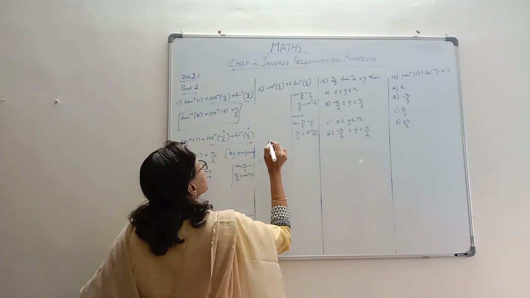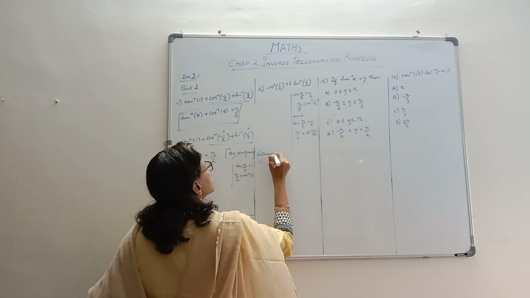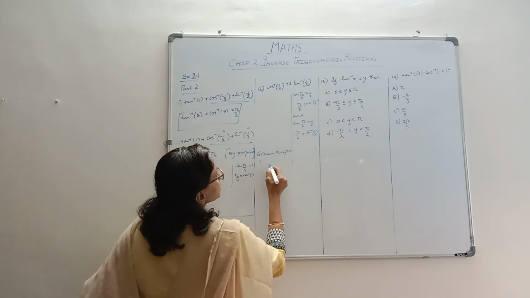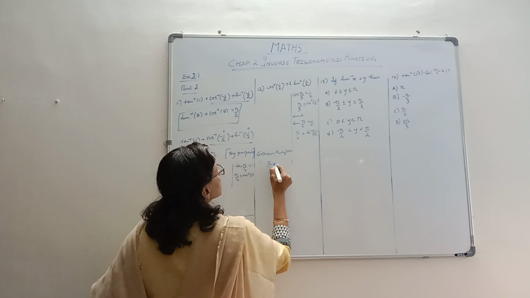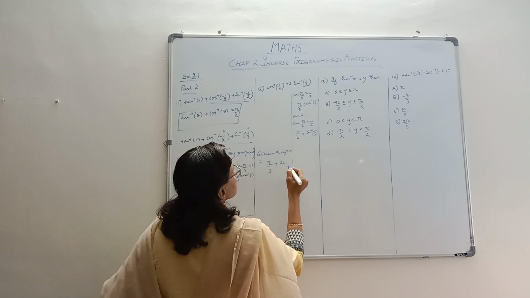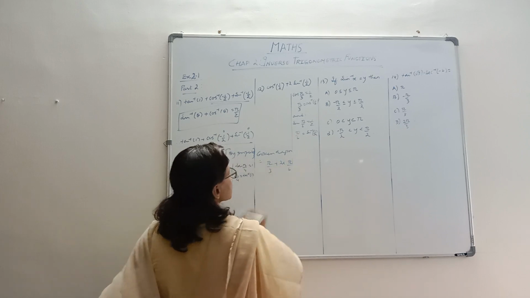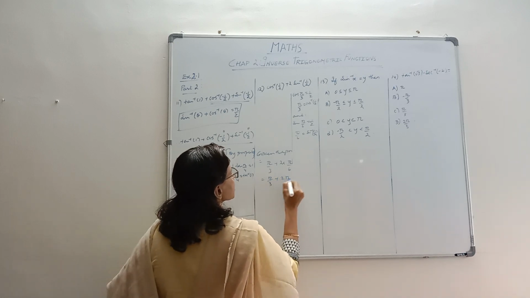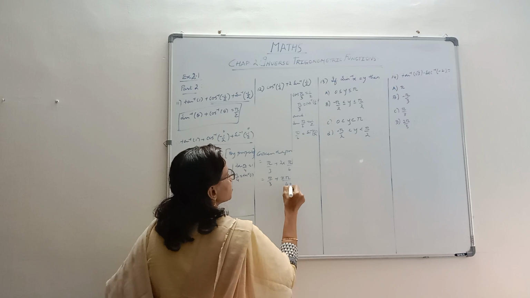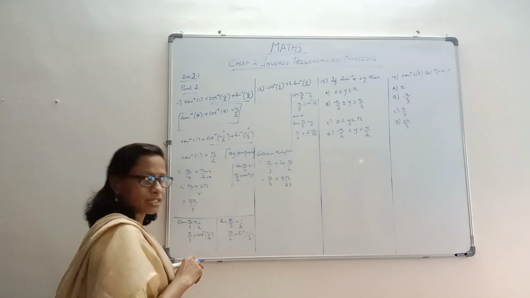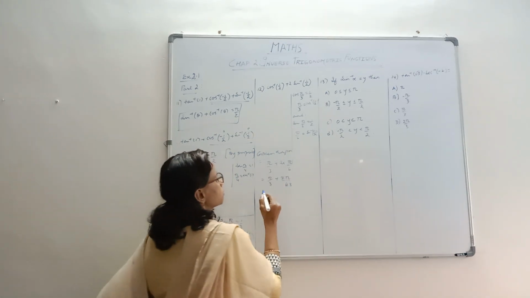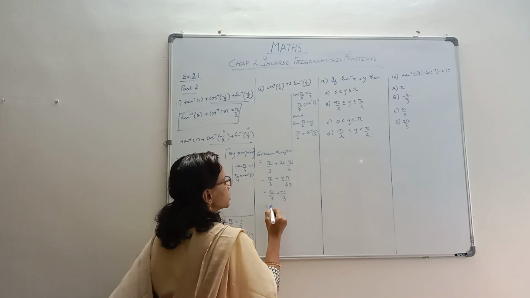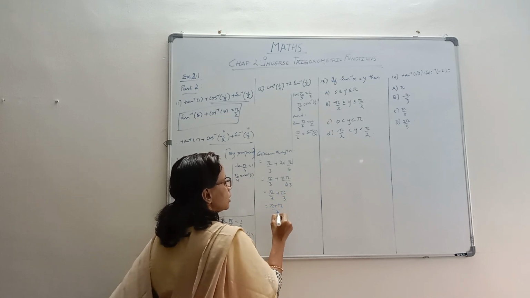The given expression is equal to cos inverse of half, which we learnt is pi by 3, plus 2 is already there, and sine inverse of half, which we learnt is pi by 6. So we are getting pi by 3 plus 2 pi by 6. Either you can simplify this and make it pi by 3, or you can equalize the denominators, that's your wish. So it is becoming pi by 3 plus pi by 3. Denominators are the same, you can add the numerators. Pi plus pi by 3, 2 pi by 3.